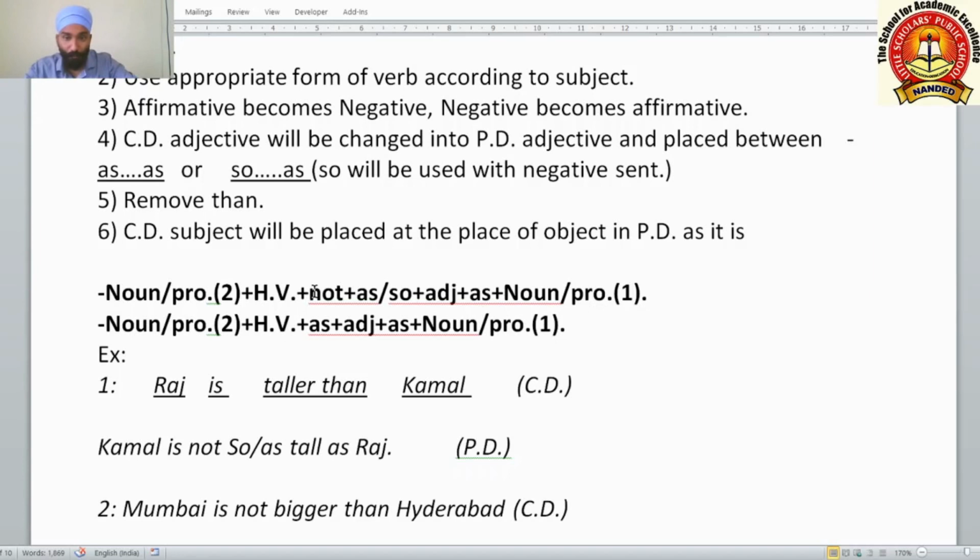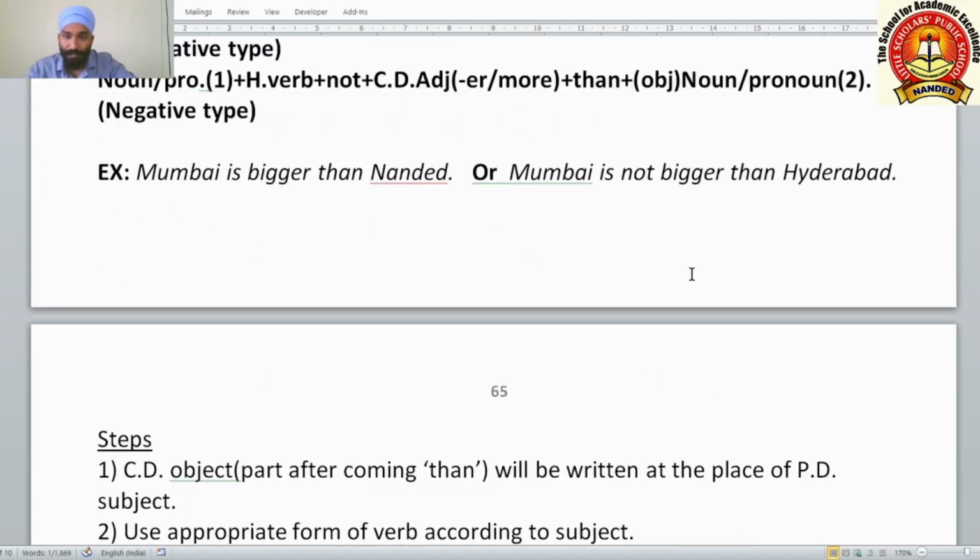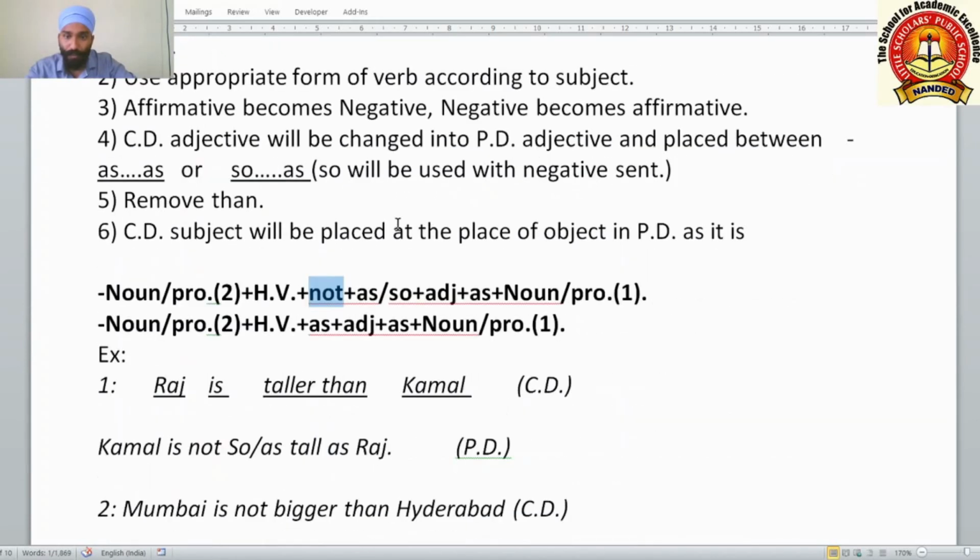If the given sentence is positive, such as this, Mumbai is bigger than Nanded, so here not will be used. If given sentence is negative, like this, not we have to remove and it will become like this. Just here we have removed not.